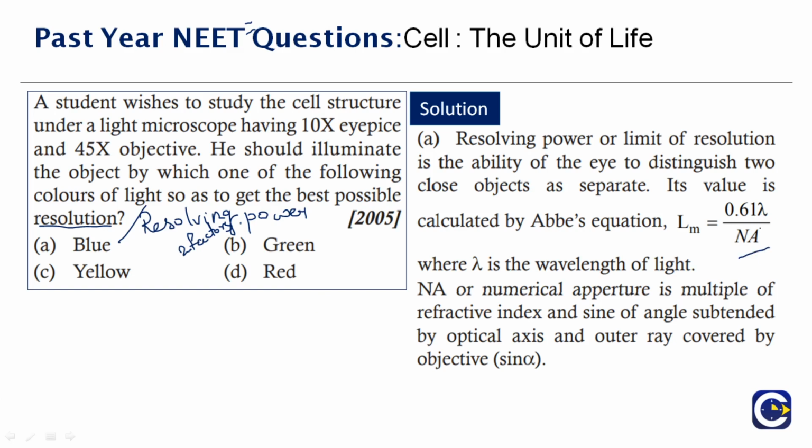Since we have this equation, I'll tell you the answer. Resolving power depends on the power of the objective lens and the wavelength of light, as we all know from the formula. Since the limit of the resolving power of a microscope is fixed by the nature of light, the shorter the wavelength, the higher the clarity. You have to remember this. Whenever you use a microscope, if you use light with a shorter wavelength, your objects will be viewed clearly.